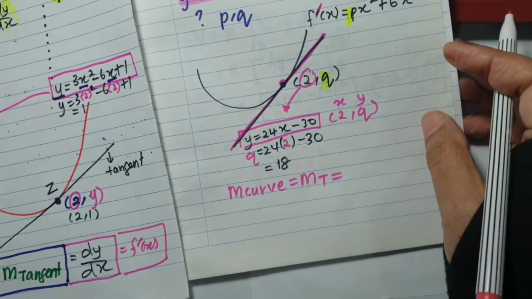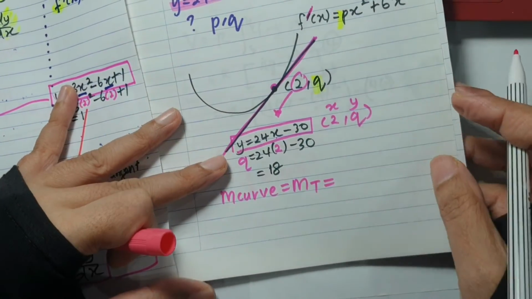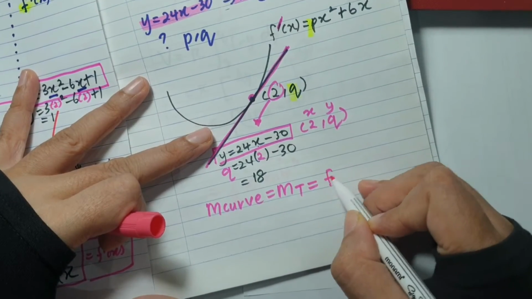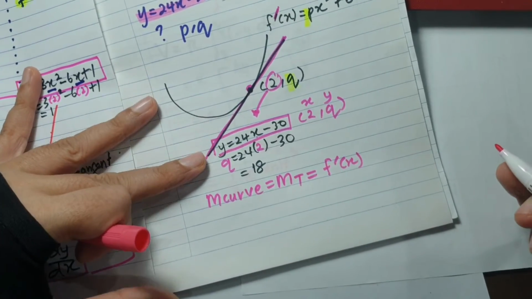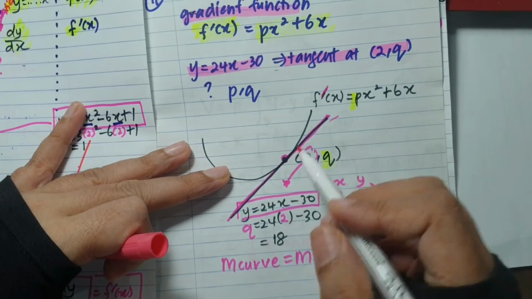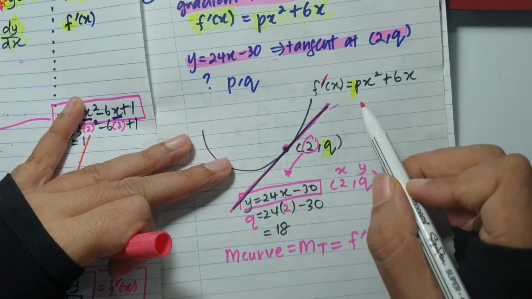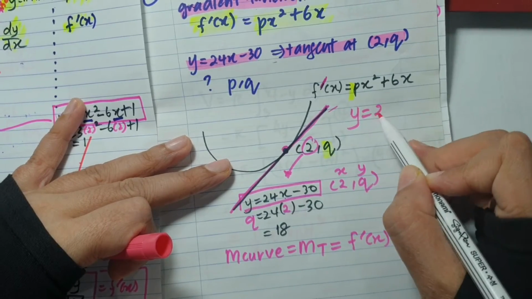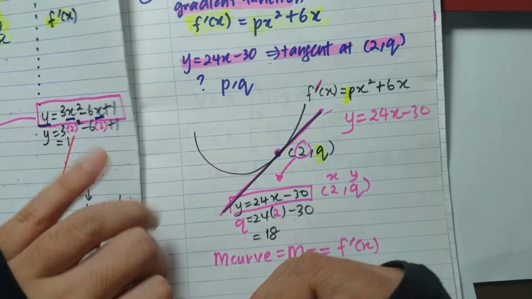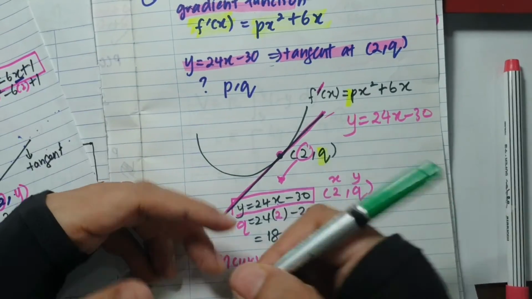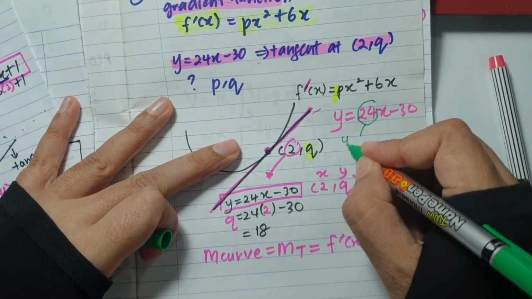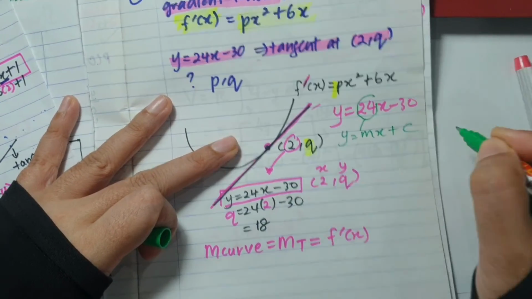Okay, so sekarang ni, dalam case ni, dia dah bagi f prime x. Okay, dan kalau kita tengok daripada the question, okay, given to you the equation of the tangent to the curve. Alright, so you can determine the gradient of the tangent. Y equals mx plus c, right?